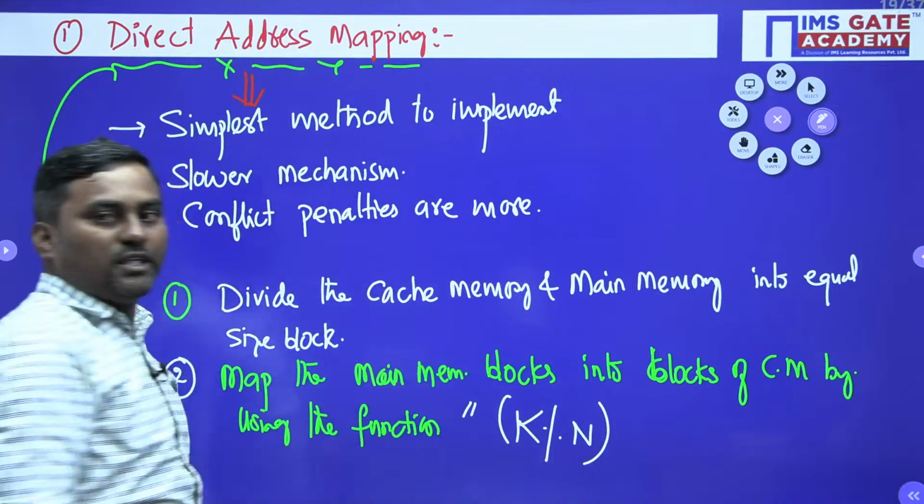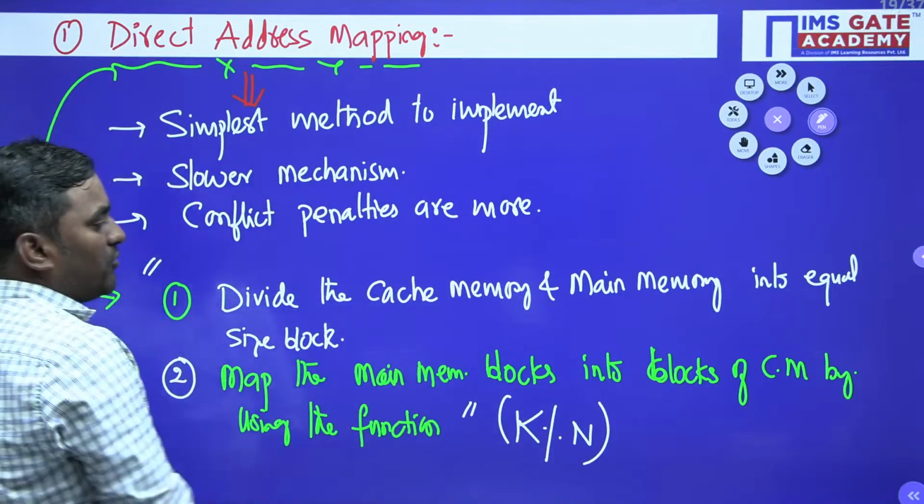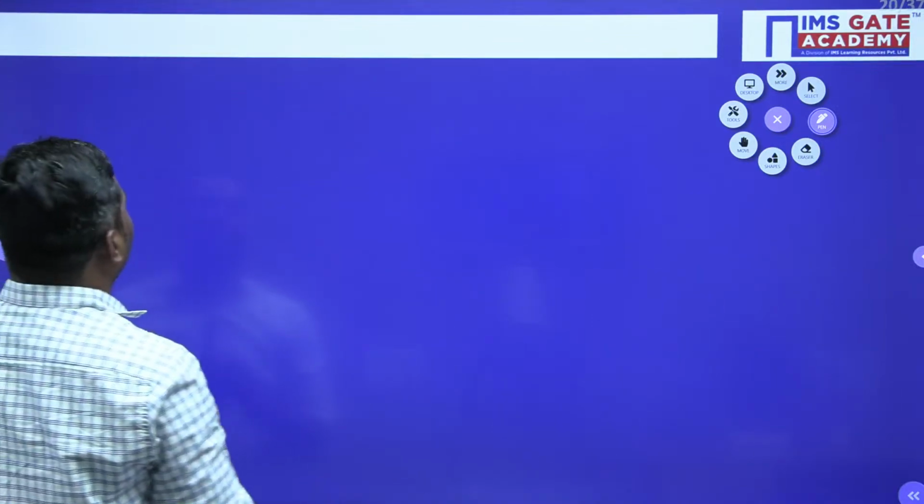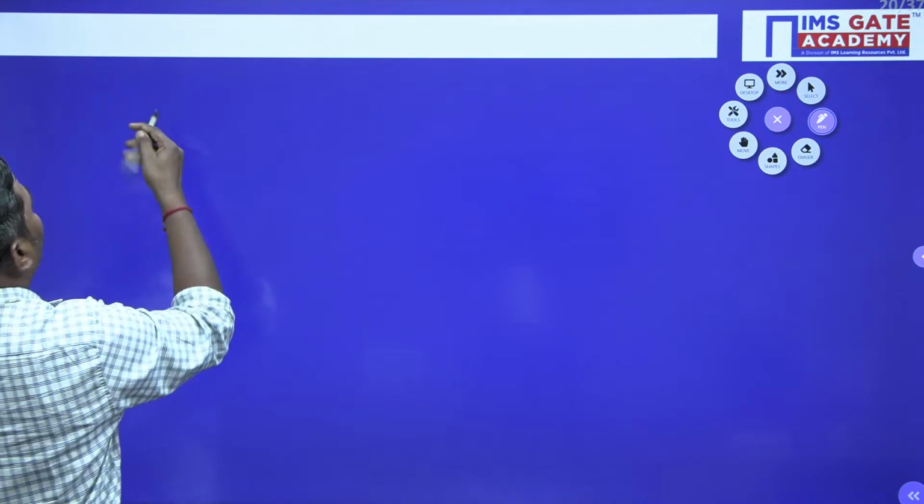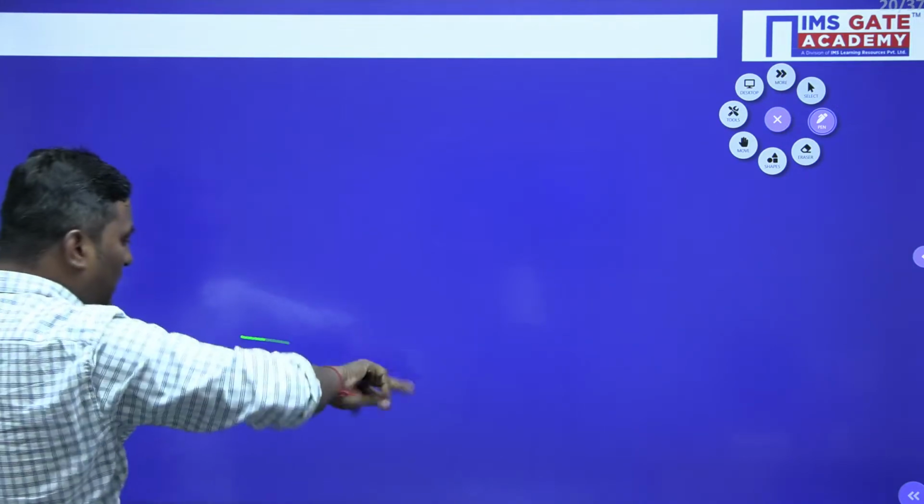What does this mean? Let us understand what this line says and how the mapping is done.